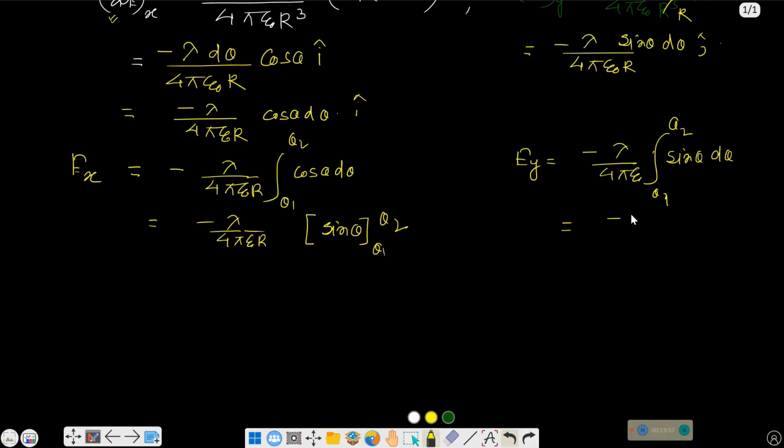Similarly Ey is also minus of lambda by 4 pi epsilon naught r, and the integration of sine theta d theta is minus of cos theta, from theta 1 to theta 2. So this will give you the x component and y component of the electric field.